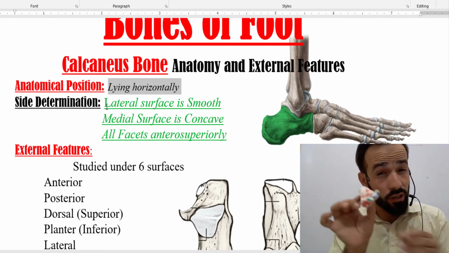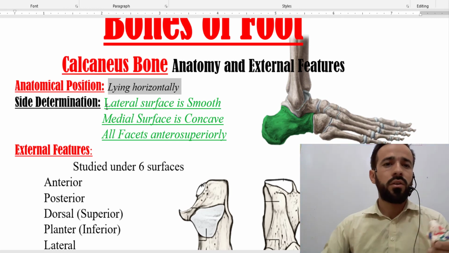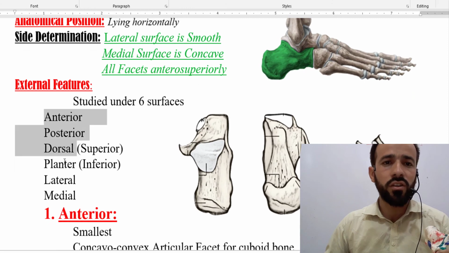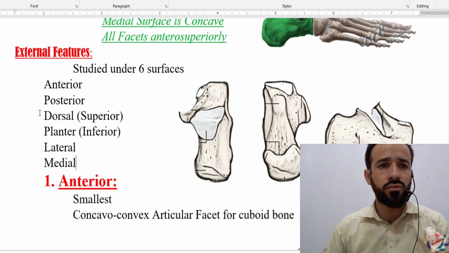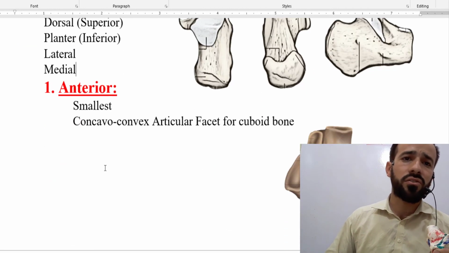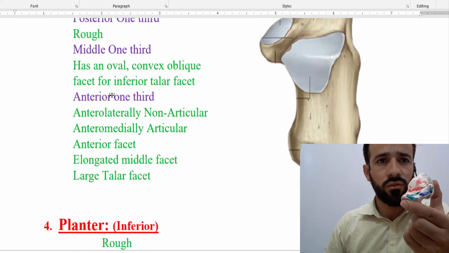You will recognize easily whether this is the left bone or the right. The external features are discussed under six headings: the anterior surface, posterior surface, dorsal surface, plantar surface, and lateral and medial surfaces. And these are some important features that I told you about all these surfaces of this bone.